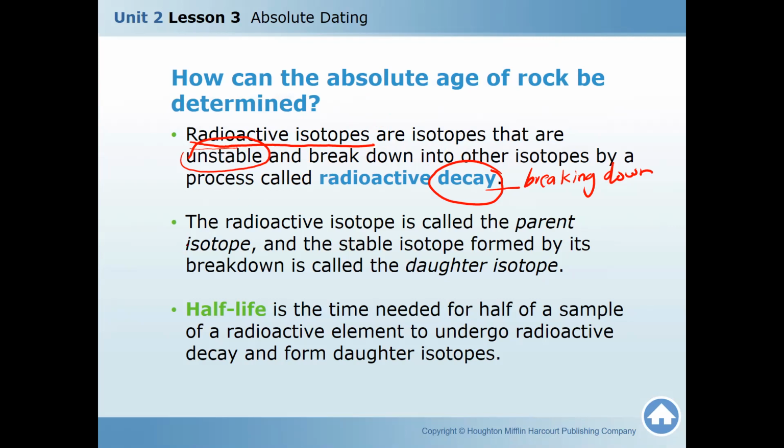Okay, continue here, Zishan. The radioactive isotope is called the parent isotope, and the stable isotope formed by its breakdown is called the daughter isotope. So this element is the parent one. And after it breaks and forms different isotopes, these are daughter isotopes. I told you isotopes means any two of the same element.